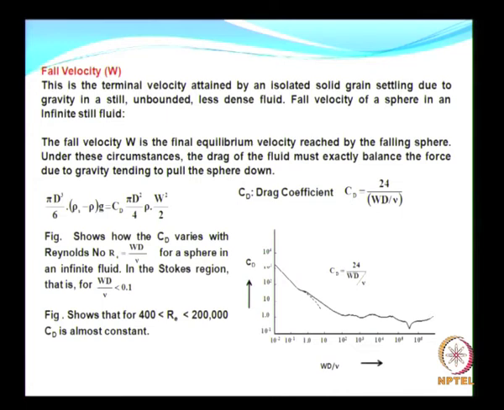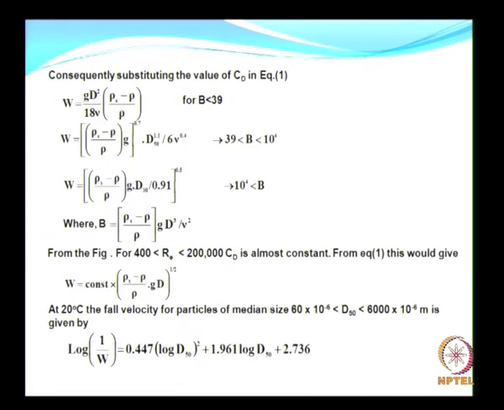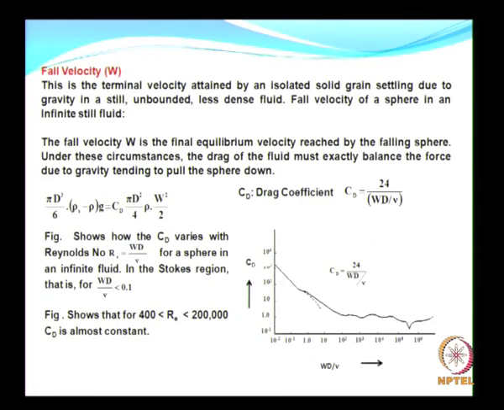In this range, you see that the CD is more or less a constant. For very low Reynolds number, you see that the coefficient of drag decreases, and from this you can always get the coefficient of drag as equal to 24 divided by your Reynolds number.